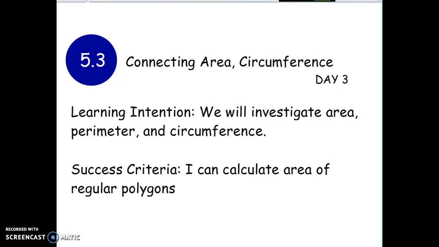Okay? So today what we're going to do is, again, calculate the area of regular polygons. Instead of calling them regular polygons today, we are going to find the area of circles, but we're going to find it using a modified version of this regular polygon formula.